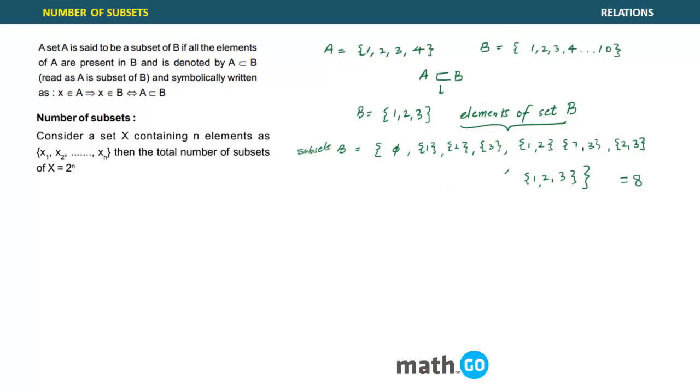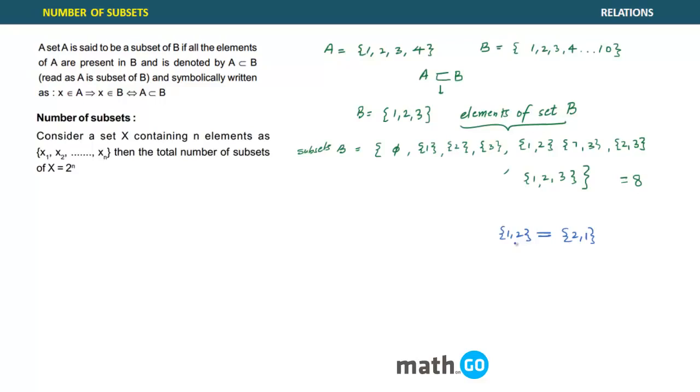Now, if we want to convert this into a formula, let's see how we'll do it. Before going further, understand that 1, 2 is equivalent to 2, 1. We will not count 2, 1 as a different set. It is the same subset because it consists of the same numbers.